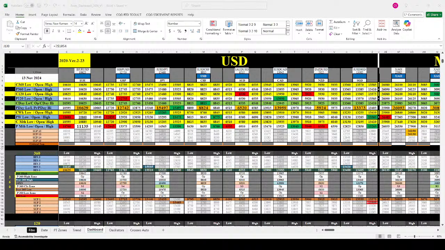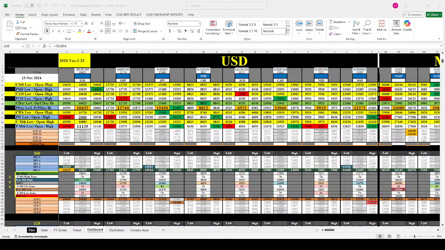So these two should be having a very big move, especially on either side, whether the data is good or bad. So pay attention to pound, dollar yen and gold. These three should be able to give us some opportunity.